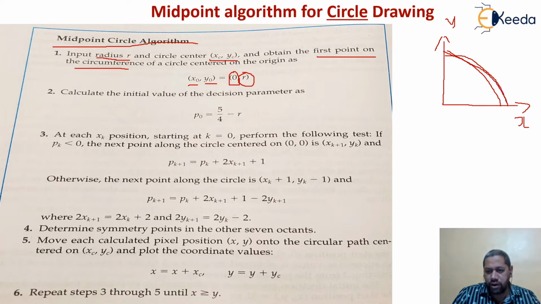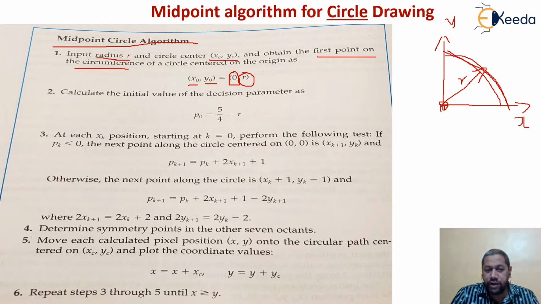This is the radius of the circle, and this is the center of the circle, that is nothing but the point xc comma yc.